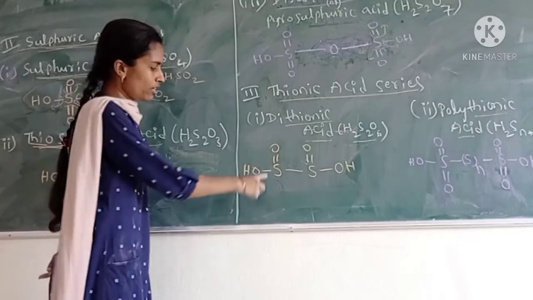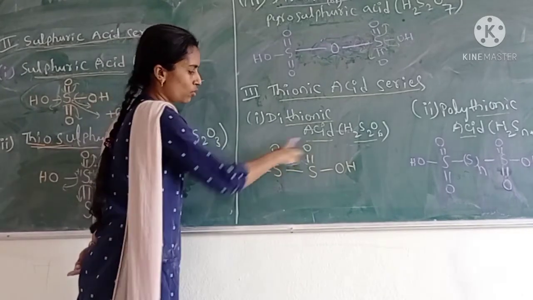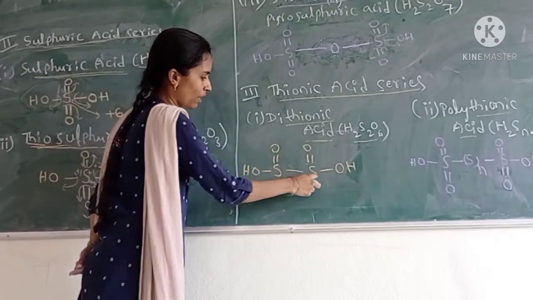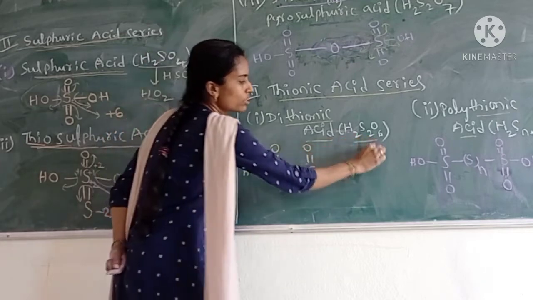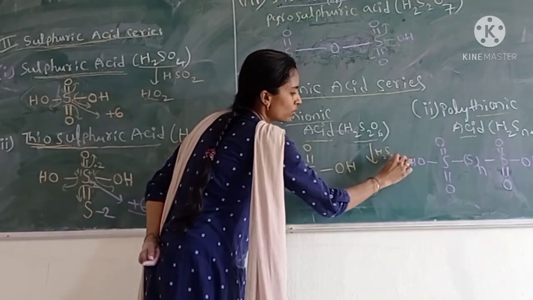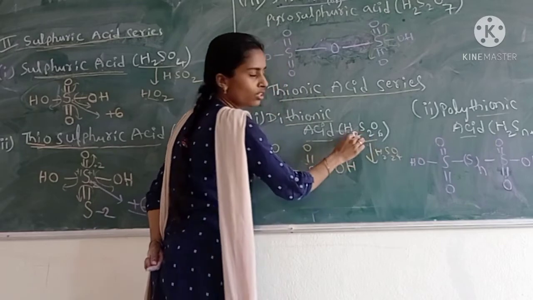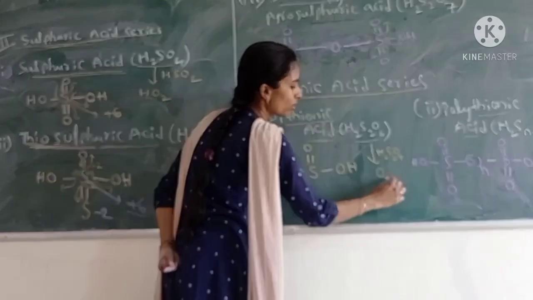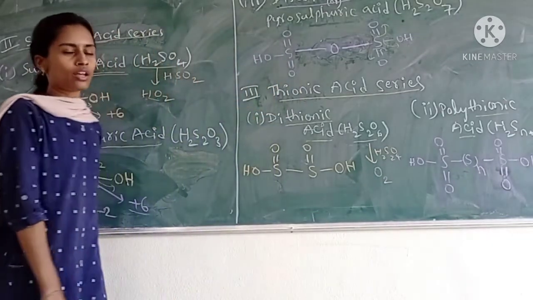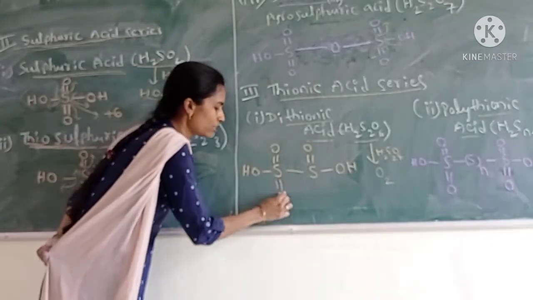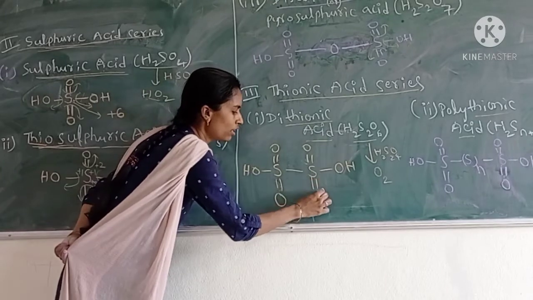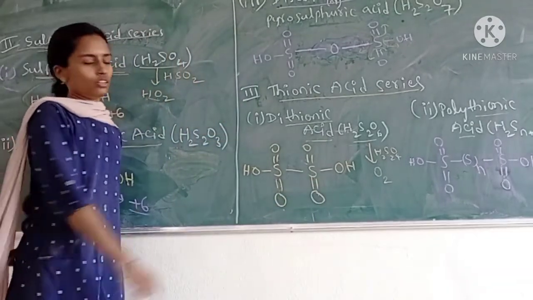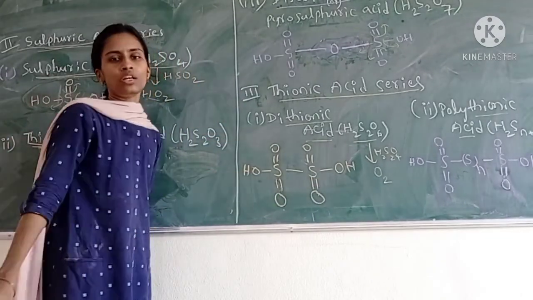What remains? After removal of these groups, meaning H2S2O4, just remove H2S2O4 from this structure. What remains is only O2. Two oxygens remain. Just satisfy the sulfur valency with two oxygens. So this is the structure of dithionic acid.